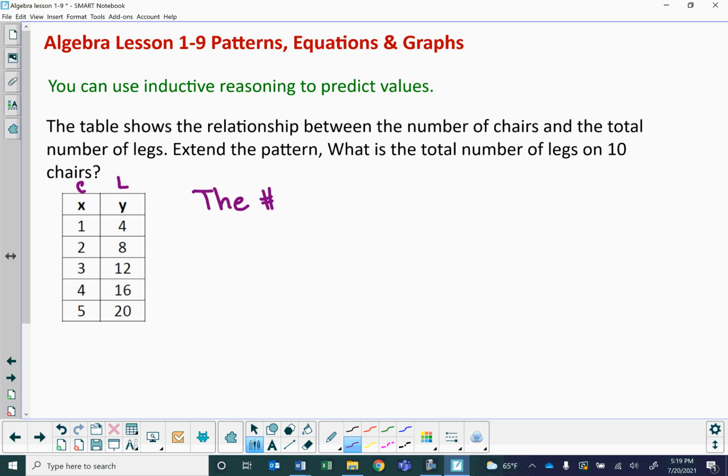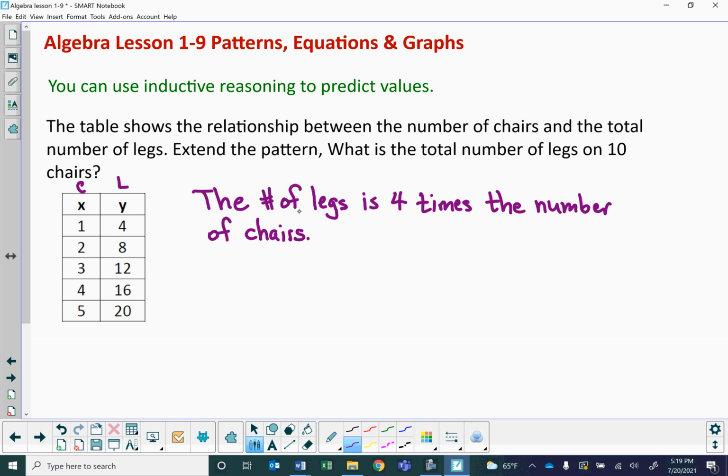The number of legs is 4 times the number of chairs. So if I wanted to make an equation, therefore, these 3 dots like that mean therefore. Therefore, legs, which would be my y value, is going to equal 4 times the number of chairs, which is my x value.